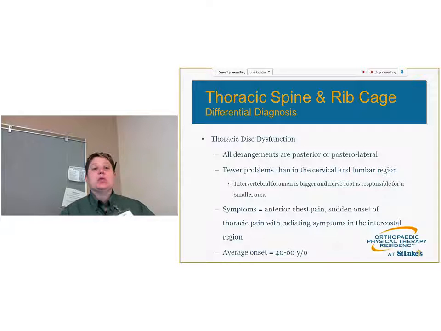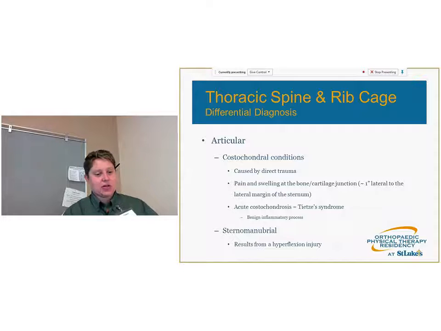The reason why there's fewer problems in the thoracic area is the intervertebral foramen is larger in the thoracic spine, and the nerve root is responsible for a smaller area. So we don't really have the dispersed dermatomes and myotomes as we do in the other areas. But this could result in anterior chest pain, sudden onset of the thoracic pain, with radiating symptoms into that intercostal region. Average onset is in the 40 to 60-year-old age range.